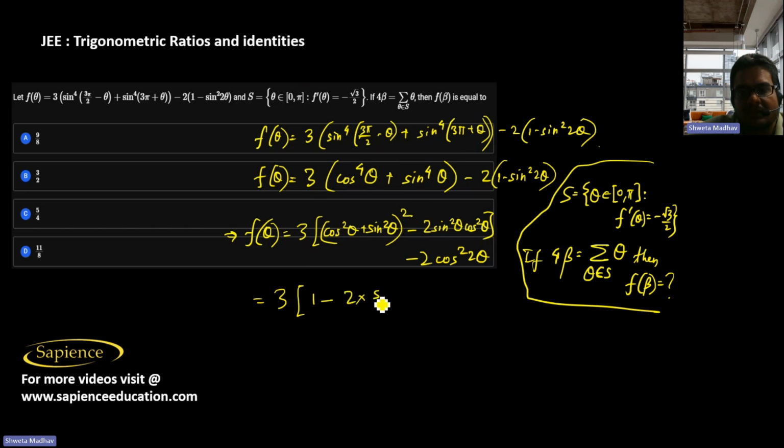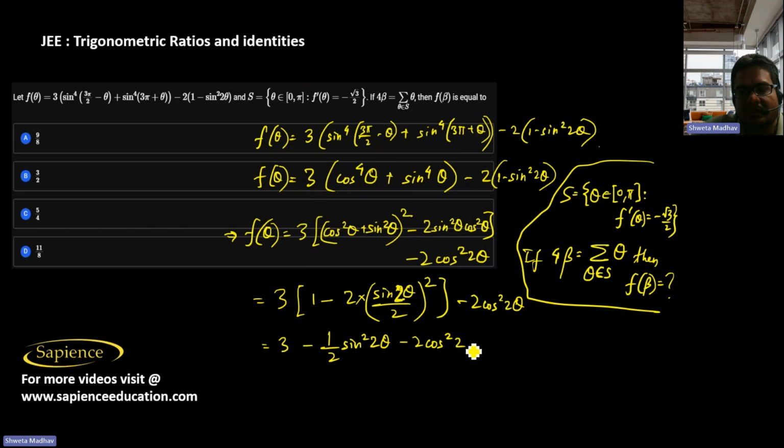Sine theta cos theta, I can write as sine 2 theta by 2. Now its whole square is there, and minus 2 cos square 2 theta. So this is 3 minus 2 by 4, so it is half sine square 2 theta, minus 2 cos square 2 theta.